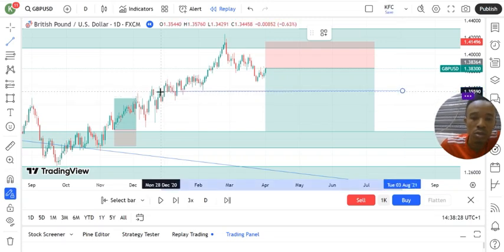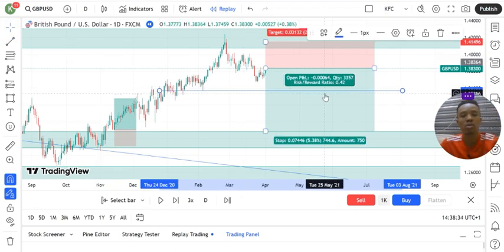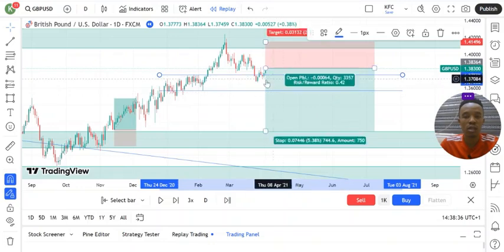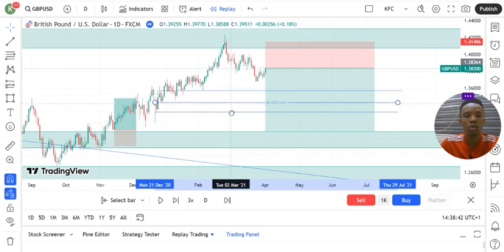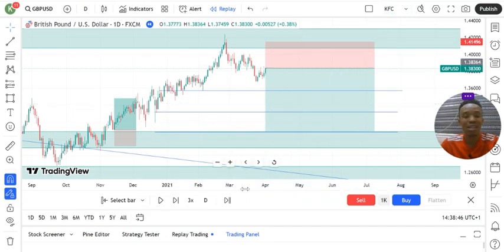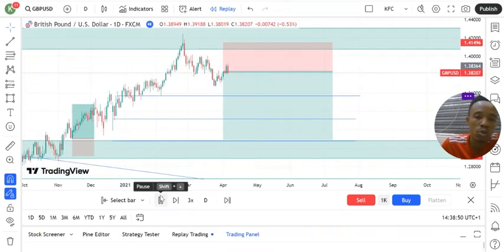So taking partials, because price is going to clash against some liquidities, just so that I don't miss out. I'm going to take first profit there, second profit here, and third profit on the final target. So that's what I will be doing with this kind of entry. So I'm just going to play and watch what price will do.